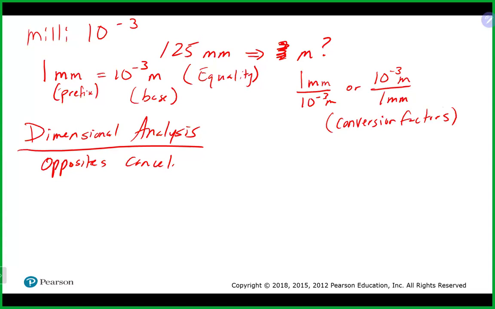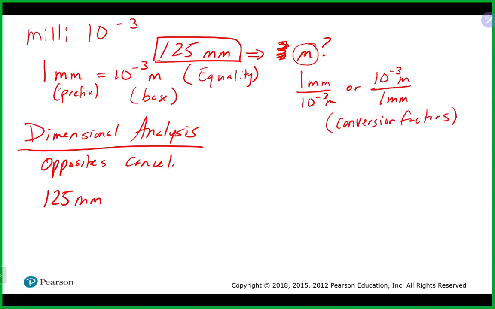So, for example, you would start with our made-up problem here of 125, and we're going to start with that number. I know for sure I do not want to end up in millimeters. I want to end up in units of meters, right?